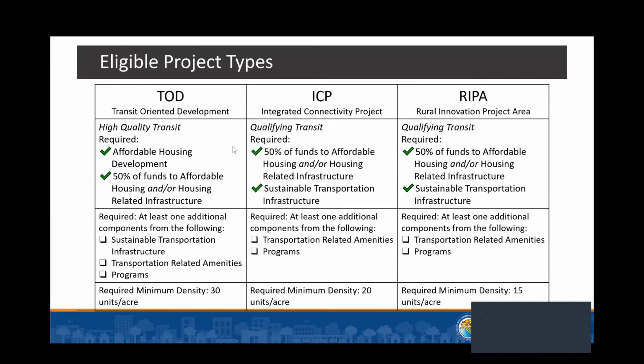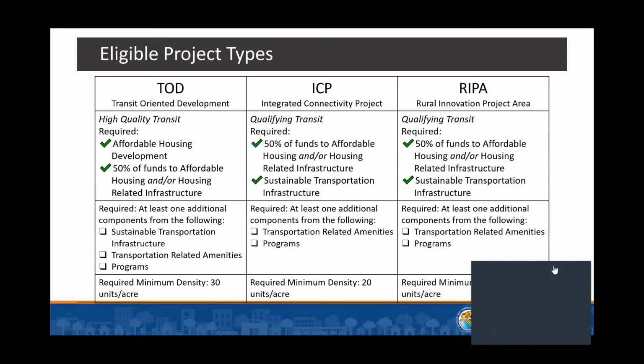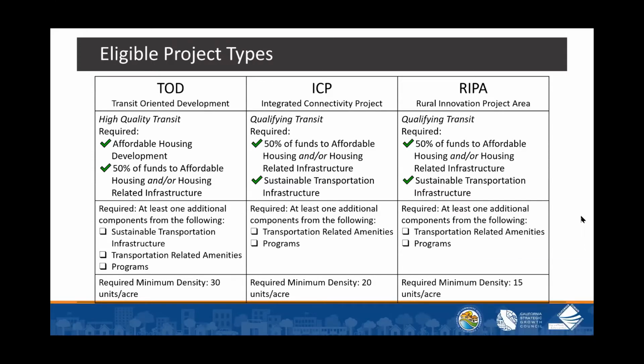In the RIPA, the requirement is 50% of funds to affordable housing and or related infrastructure and sustainable transportation infrastructure. You are also required to have at least one of the components of either transportation related amenities or programs, and the minimum density required is 15 units per acre.